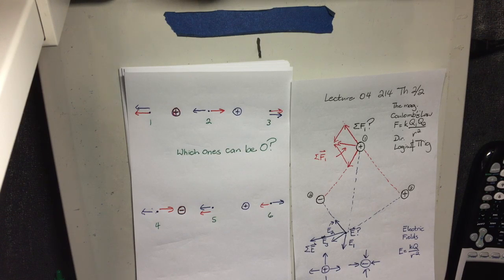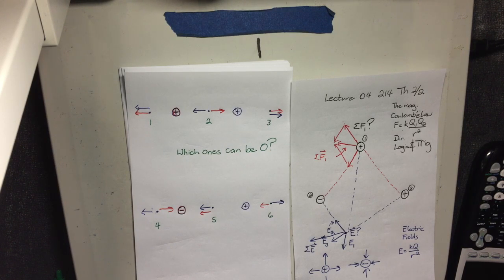Why? They're in the opposite direction. Now granted, we don't really know the magnitudes of these things. All I'm interested in is identifying the possibility that it could be 0.